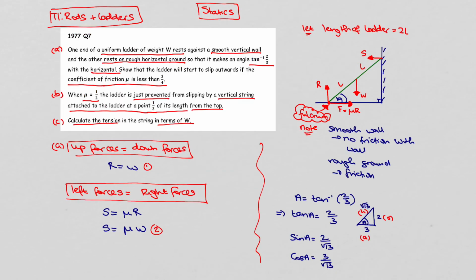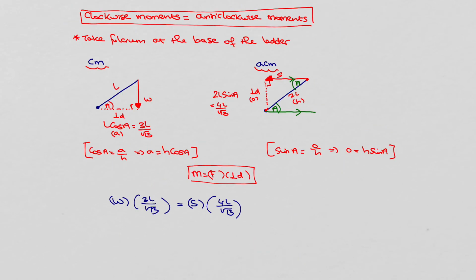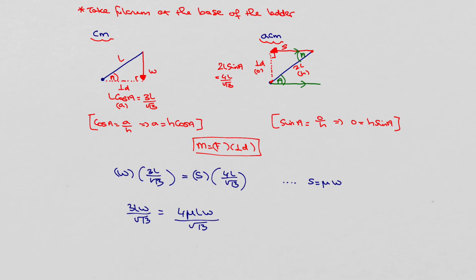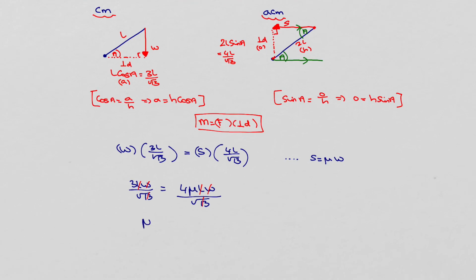However, we already know that S is equal to mu times W, and therefore we can say W times 3L, so 3LW over root 13 must equal 4 mu LW over root 13. I can see then that L is going to cancel with both sides, W and root 13, and therefore we end up with mu is equal to 3 over 4.